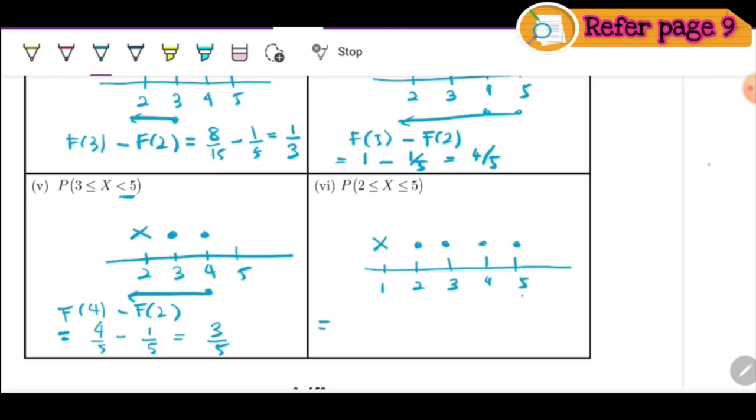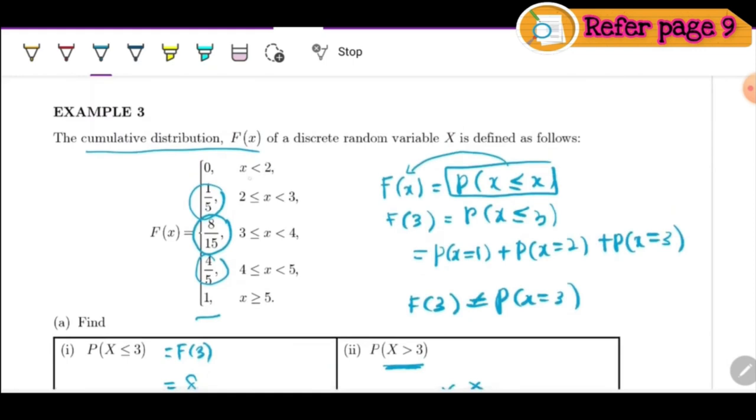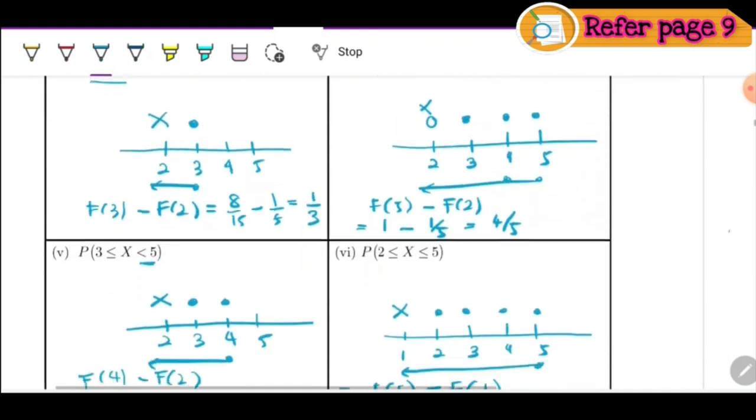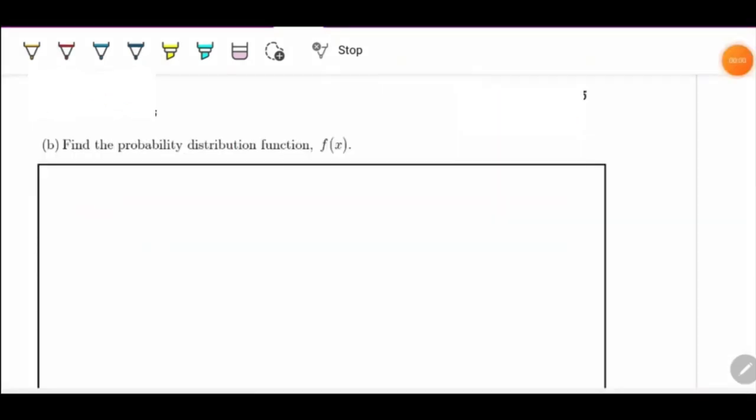Alright, so we start from F5, then minus F1. So F5 is 1 and F1, look at the function, F1, which is x less than 2, the value is 0. So the answer is 1.